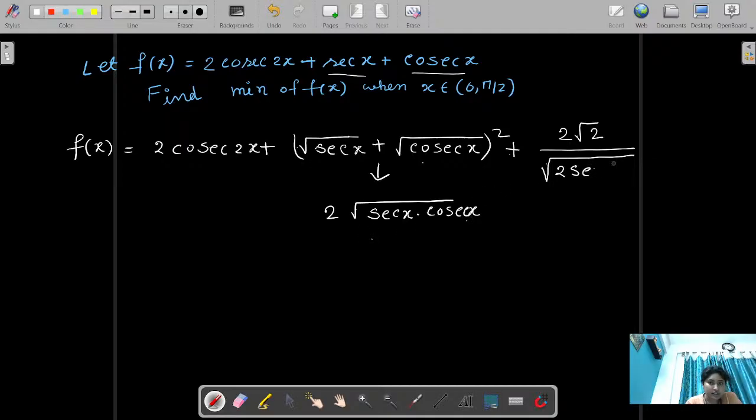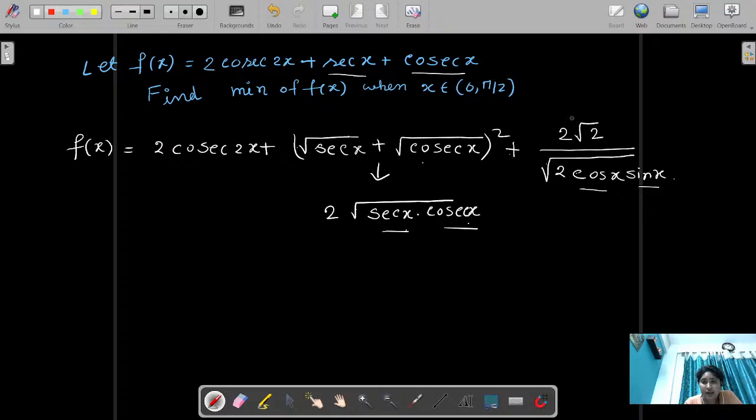So I will write here sin x into, this is sec x and cosec x. So I am writing 1 by cos x into sin x.